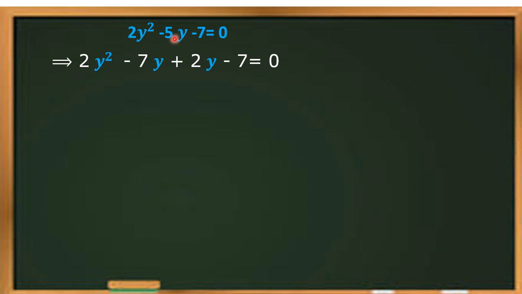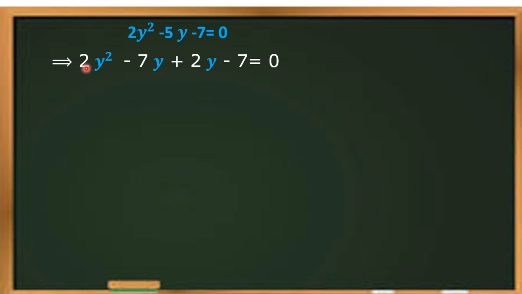So we have to split the middle term minus 5y into two terms, such that their sum is minus 5 and their product is the product of the coefficient of y² and the constant term, that is minus 14. Minus 7 plus 2 becomes minus 5, as well as minus 7 into 2 is minus 14. So here the two terms are minus 7y plus 2y.